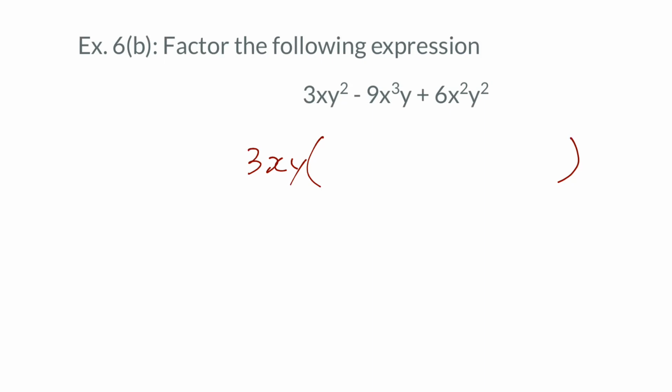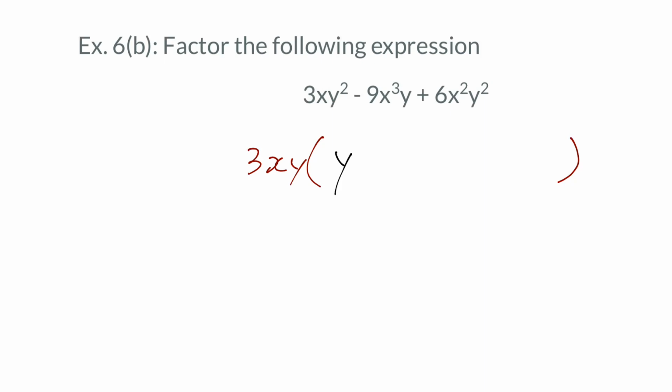So let's look at what the first term would be if you were to pull out a 3 and an x and a y. Michael, what are you leaning towards? What do you think might be left for the first one? Yeah, just y, you're right. And a quick visual check confirms it. 3xy times y should be 3xy squared.